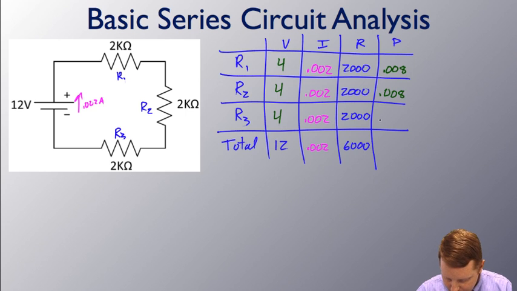Power dissipated by R2 the same, by R3 the same. And to find the total power, we could take V times I for the total, or add up the individual powers dissipated to come up with 0.024 watts, or 24 milliwatts. Using a VIRP table and what we know about Ohm's law and series circuits to fill in our unknowns.